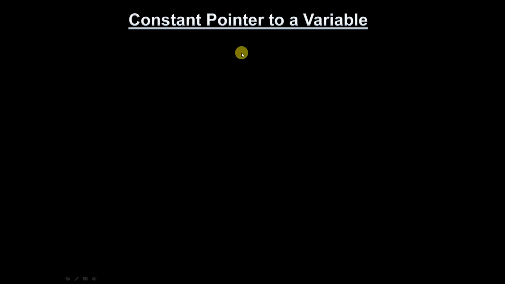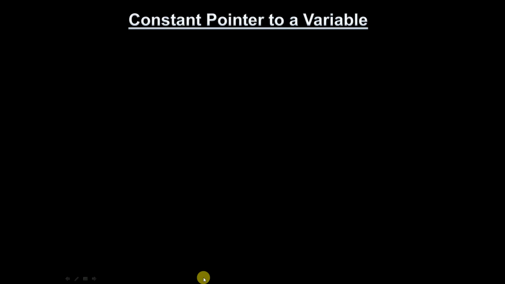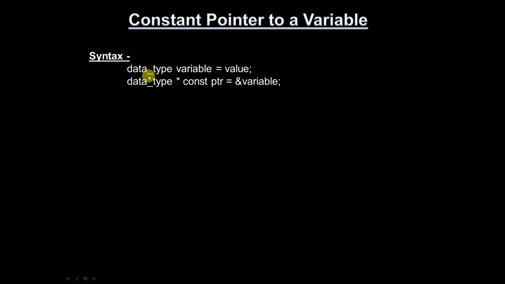Okay. Now we have constant pointer to a variable. What was the previous thing? Pointer to a constant variable. Now we have constant pointer to a variable. So syntax: data type variable equals to value, data type star const ptr.